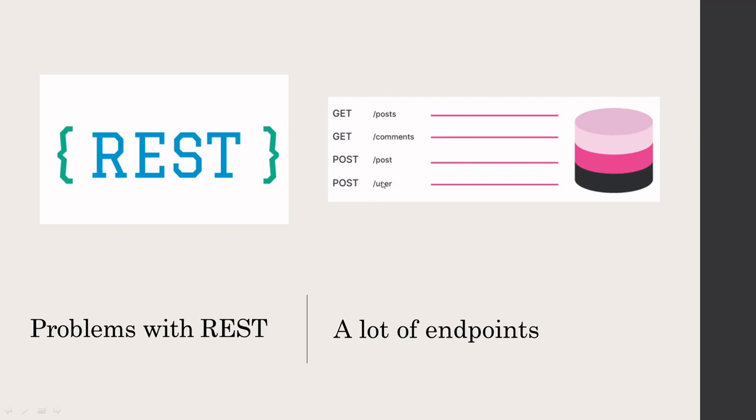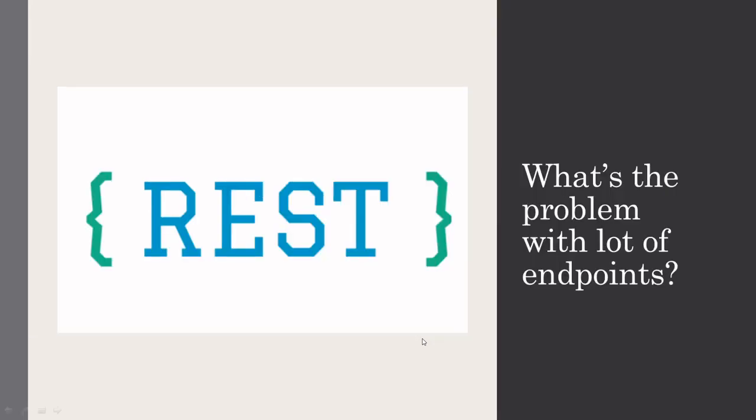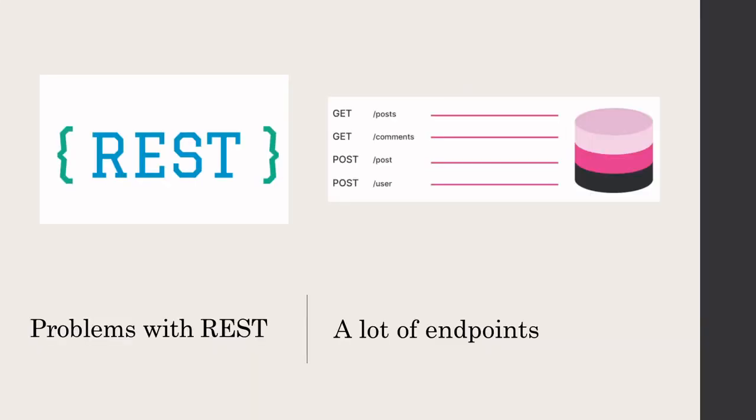But what's wrong with a lot of endpoints here? To explain this, each resource in REST is represented by endpoints. If we have a consumer-based application, we will end up making a lot of endpoints.